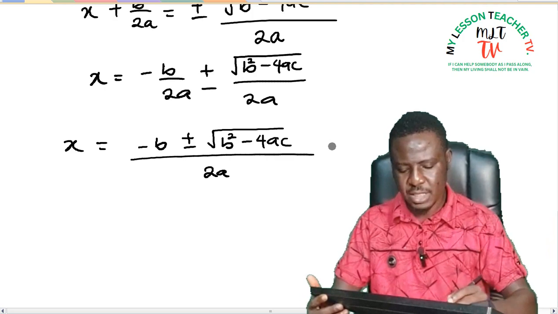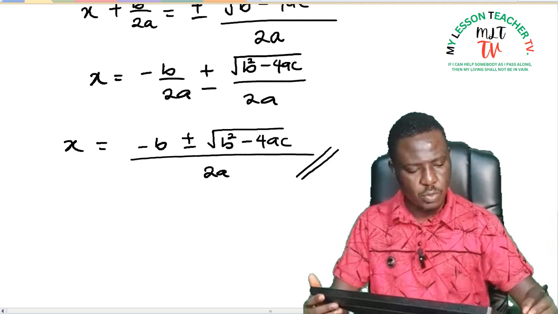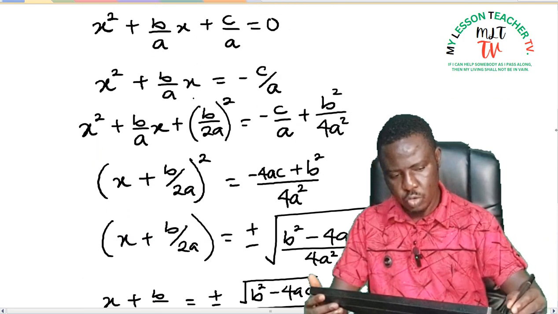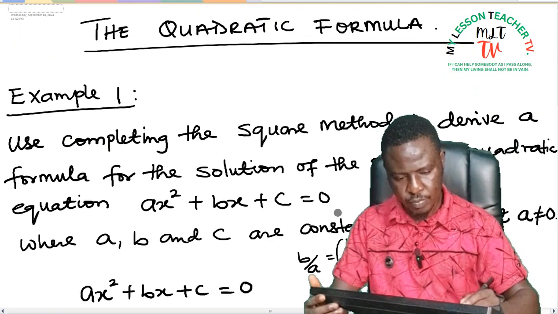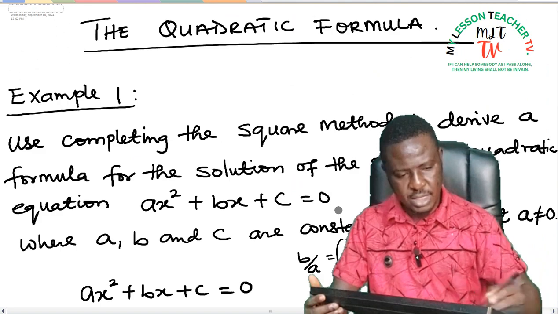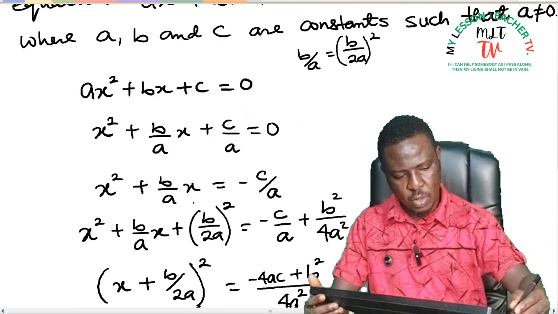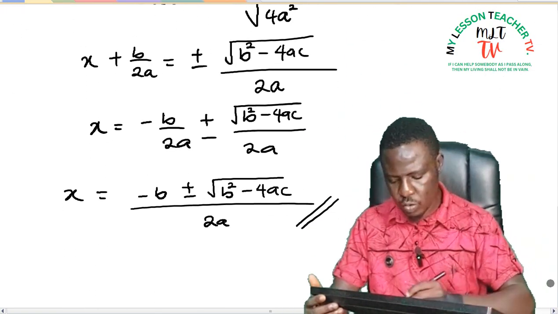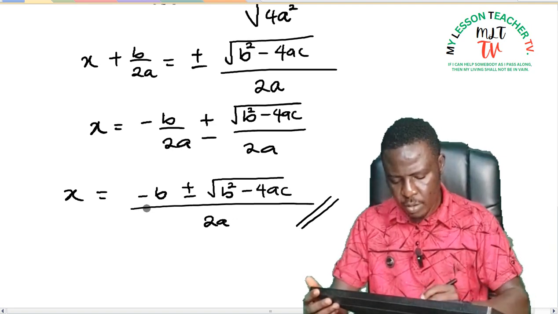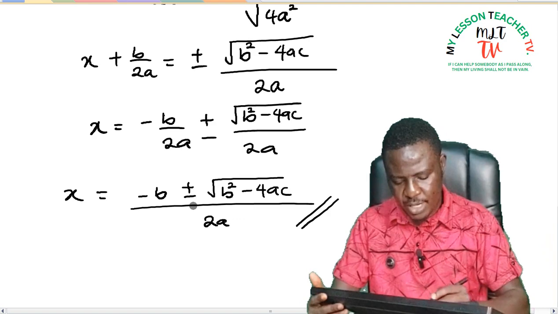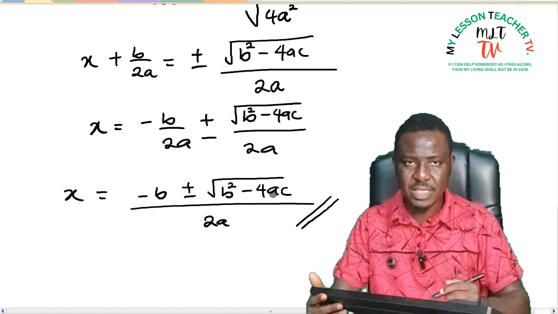So this is said to be the solution to this quadratic equation, where a, b, and c are constants. What this means is, for you to get the roots of the quadratic equation using the formula method, where you have the values of a, b, and c as constants, you can then substitute them into this equation and simplify.